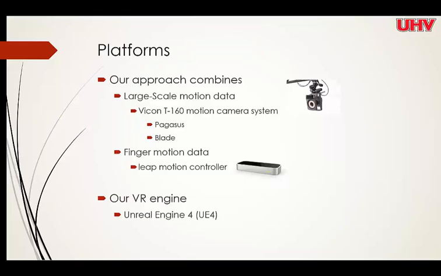We use Blade for calibrating and capturing the data from the T160 mocap cameras, and we use Pegasus for streaming this data live into Unreal Engine 4, which is basically our VR engine.